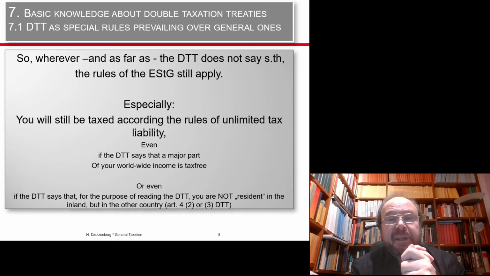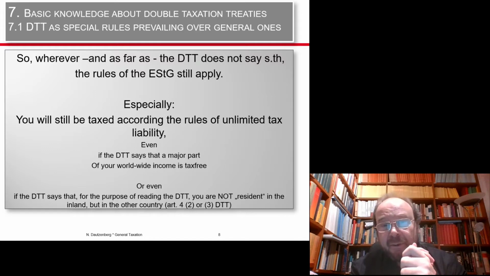So whenever later in this chapter we speak about being resident somewhere, the important sentence in that article in the Double Taxation Treaties is usually the limitation expressed by: you are considered as resident for the application of these treaty rules only. And when we have got our result, which state can tax which income, we close the Double Taxation Treaty.